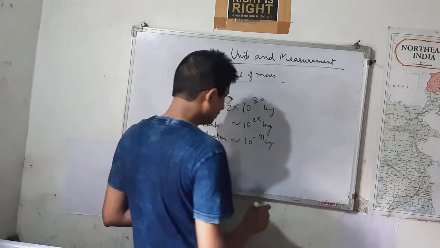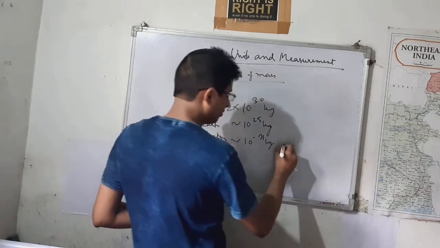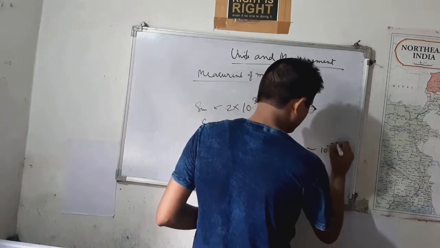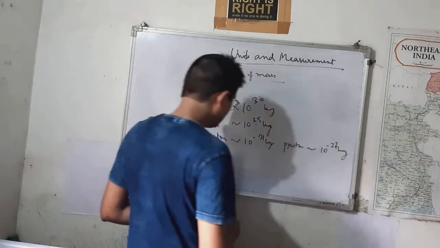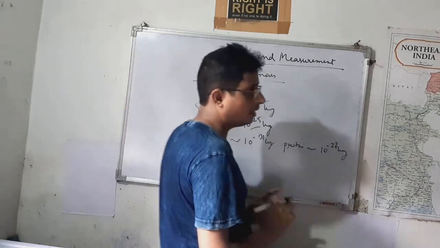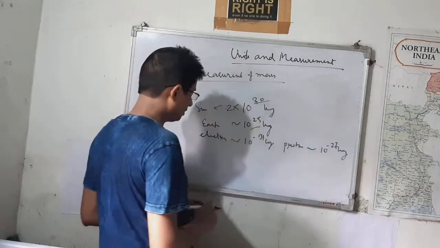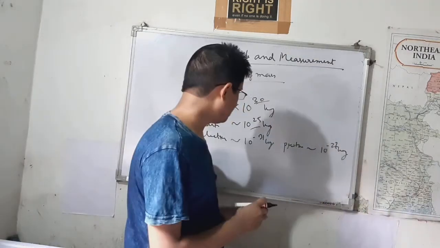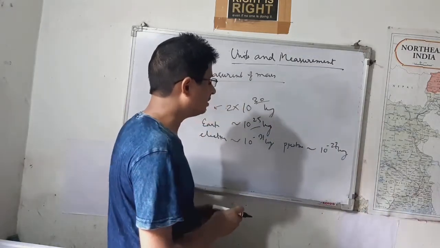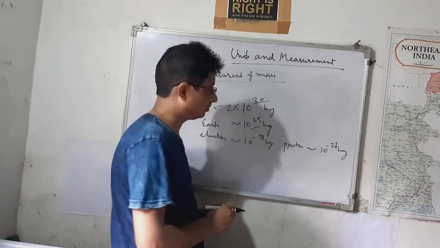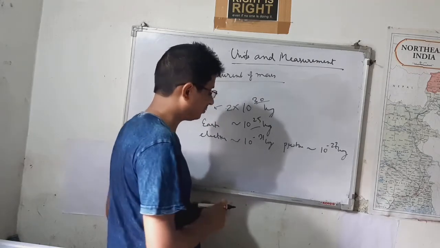And the mass of a proton is 10 to the power minus 27 kilograms. So look, the values for the sun and earth are very large compared to these. Electrons and protons have values of 10 to the power minus 31, that is 31 zeros, after which some digits will come after the decimal point.